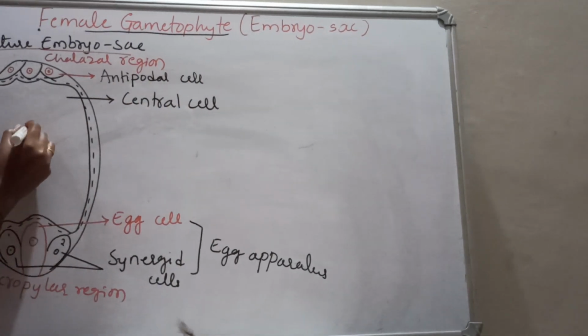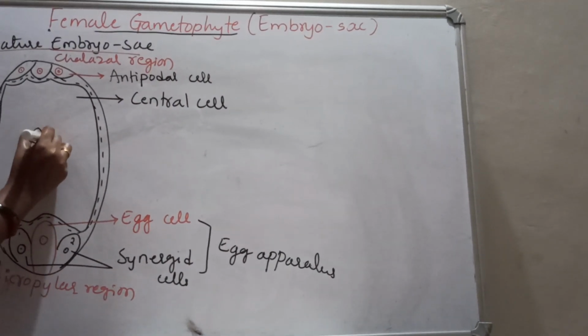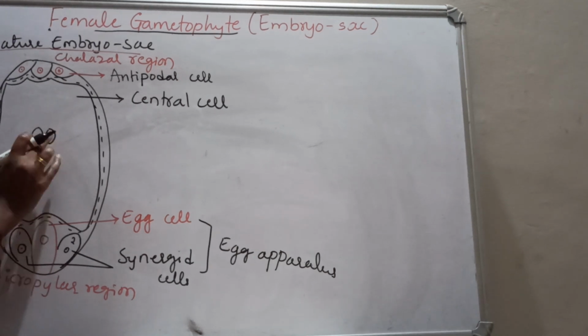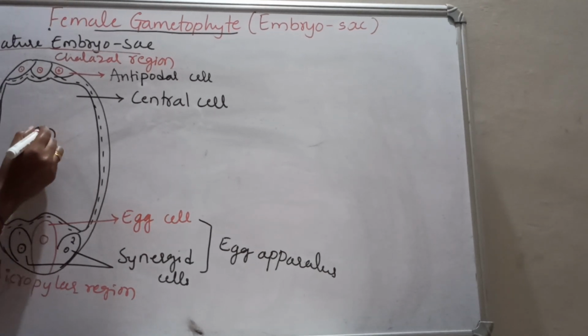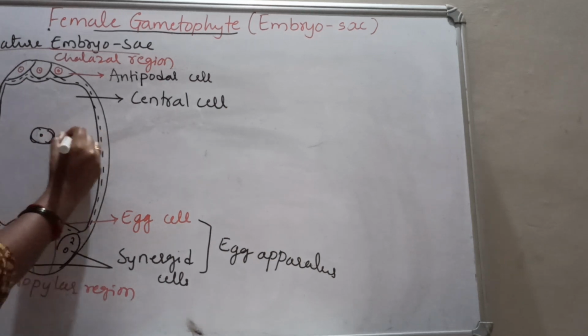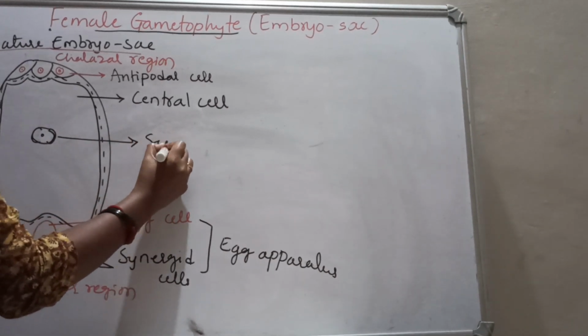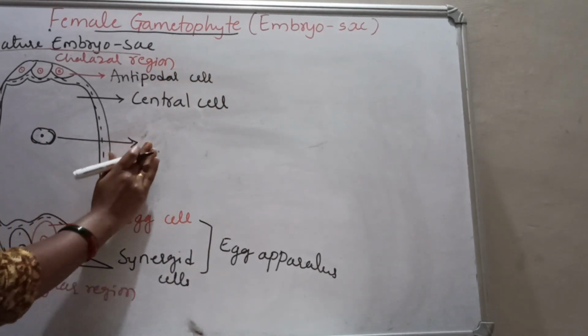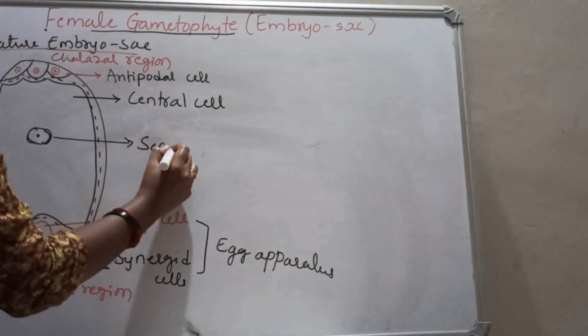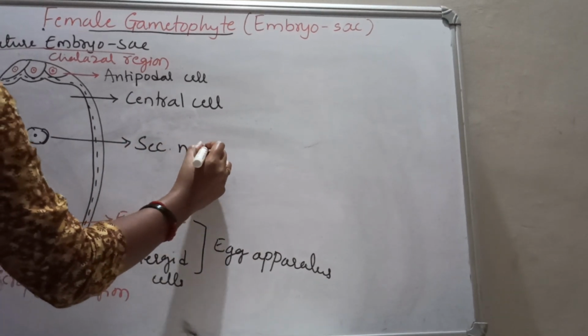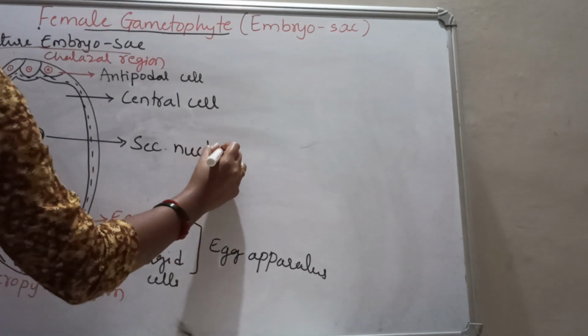Before going to fertilization, these 2 polar nuclei get combined and they become the secondary nucleus.